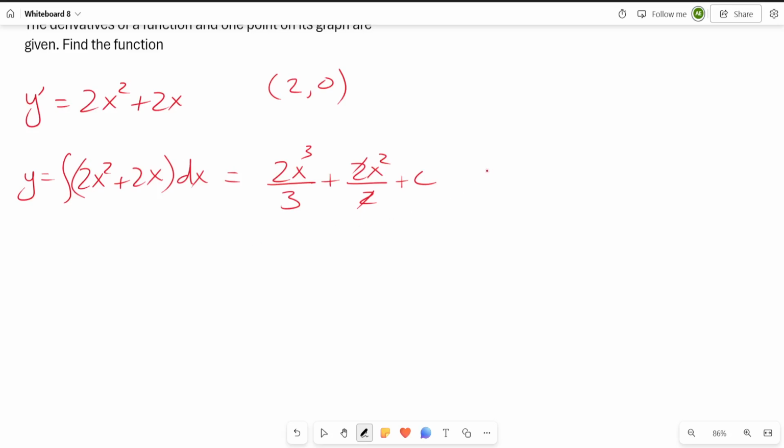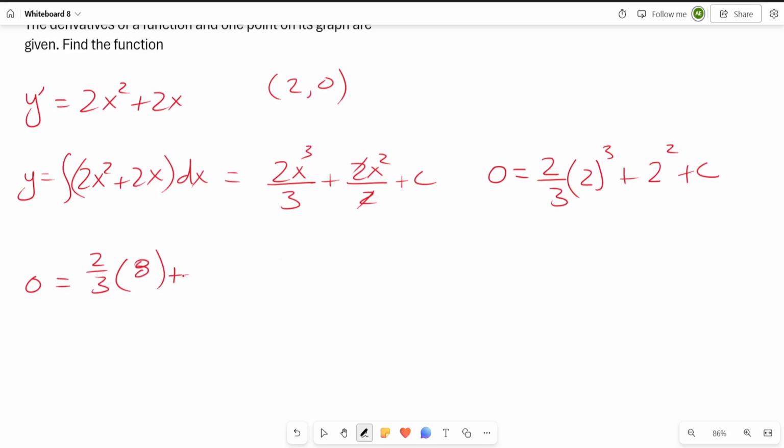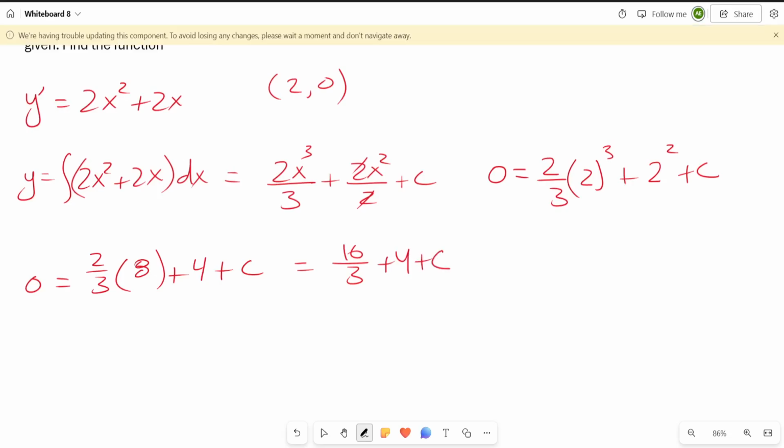So I will have 0, which is y, equal to 2 over 3 times x cubed, or 2 cubed, plus, these 2 are gone now, I'm only left with x squared, so it's going to be 2 squared plus c. So now 0 equals 2 over 3 times 2 cubed, which is 2 times 2 times 2, which is 8, plus 2 squared is 4 plus c. So over here 2 times 8 is 16, so this is equal to 16 over 3 plus 4 plus c.